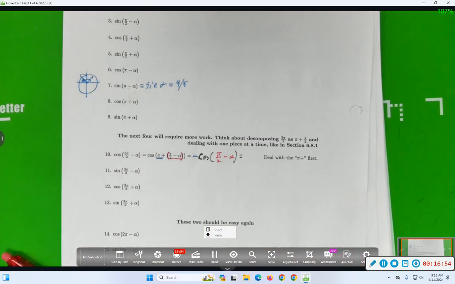Oh, do I know what cosine of pi over 2 minus alpha is? Yeah, maybe you have to look back at that formula table again. Just sine.